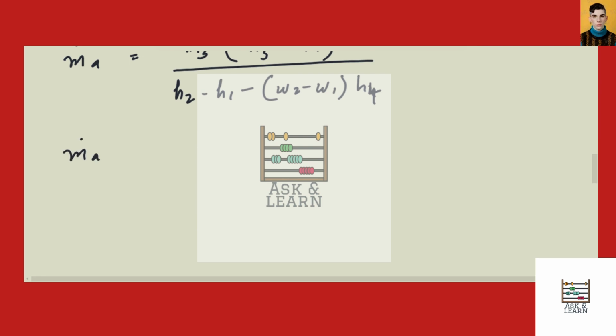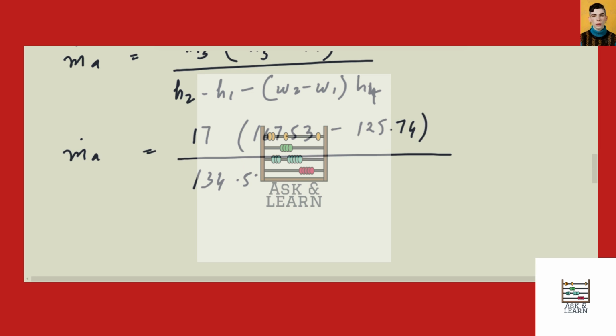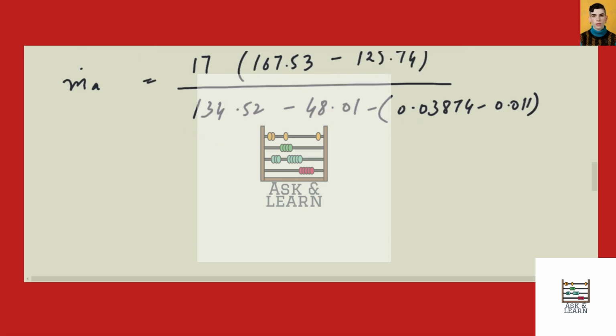So guys, now we put the values over here. Ma = 17 × (167.53 − 125.74) / [(134.52 − 48.01) − (0.03874 − 0.011) × 125.74].